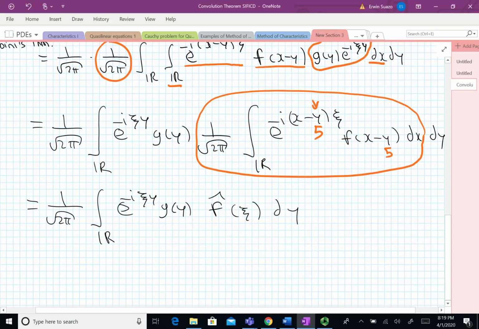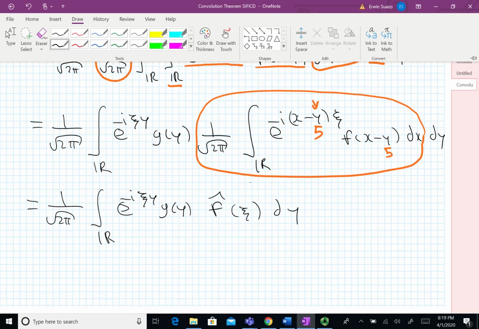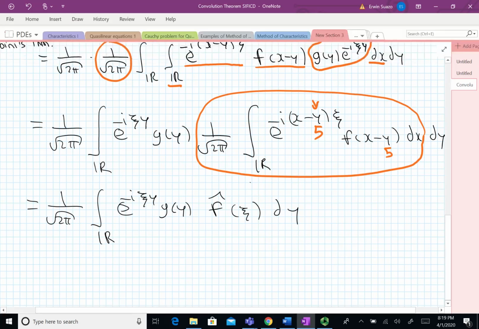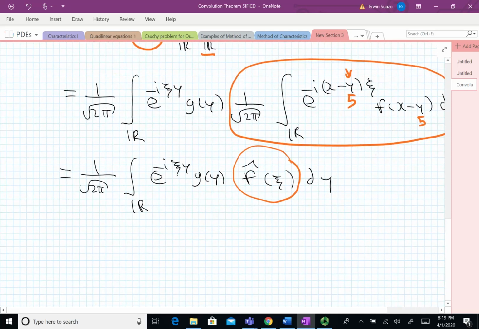But better than that, because now this is a function that depends on theta and doesn't depend on y, that one is a constant, so I can take it out.